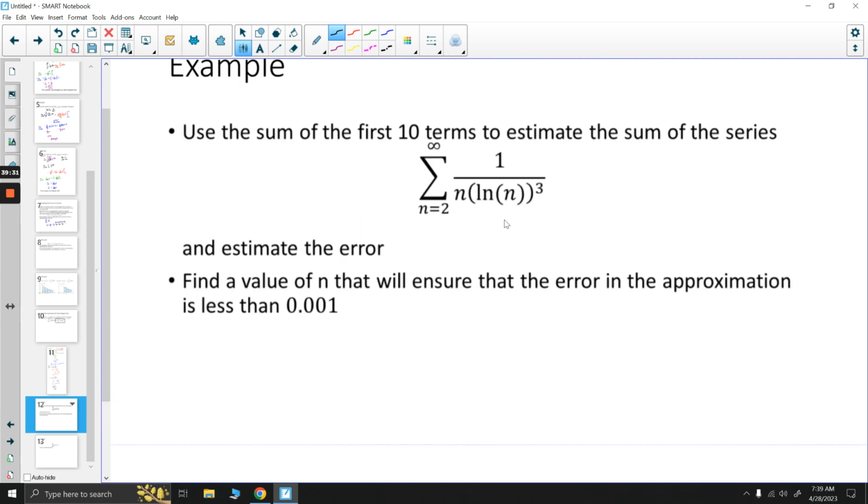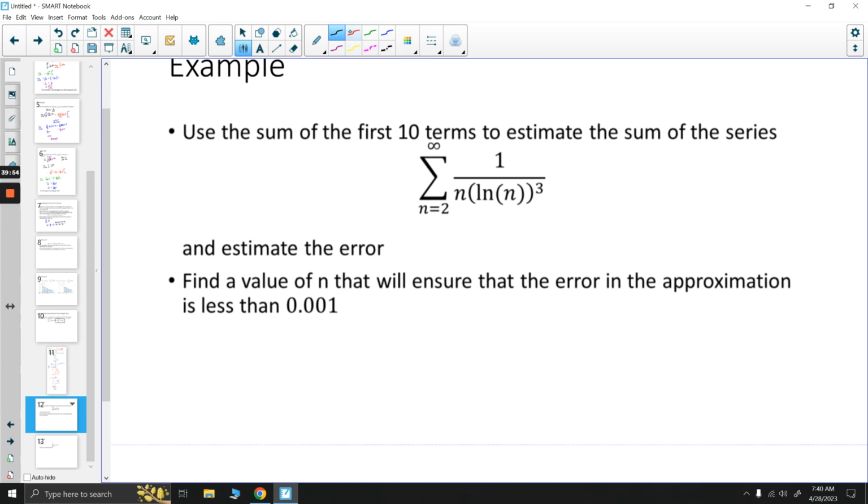Now the problem with this one is that ln n cubed is actually going to be growing fairly slowly. So I actually expect this error approximation to be something pretty high in comparison. So we might end up with something ugly, but I'm just using one that we already did a convergence test for.